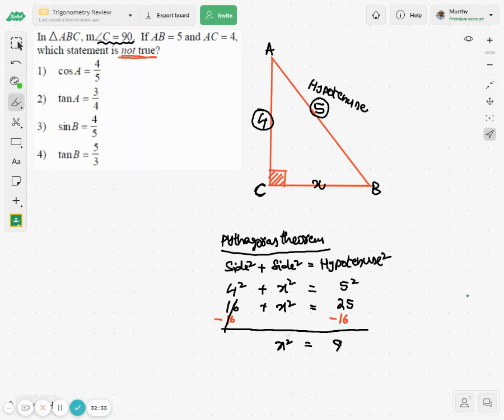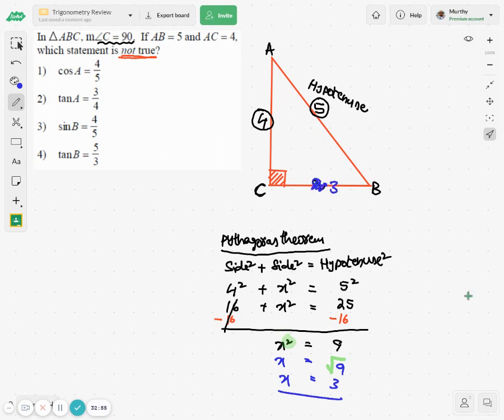Next, you know how to eliminate the square. Don't forget the inverse operation of square is square root. Therefore, x equals square root of 9, which gives me 3. So the value of x is 3. Therefore, this is 3 units.